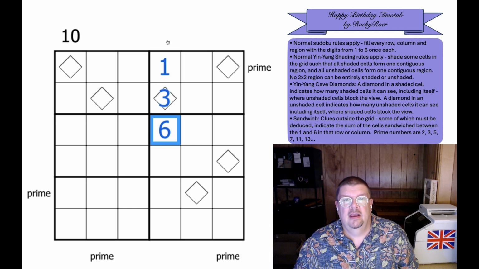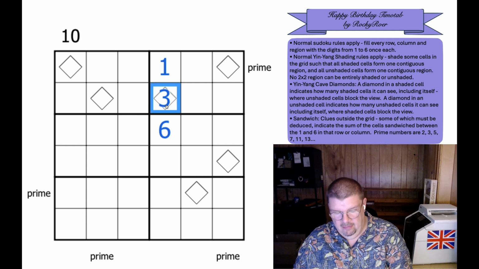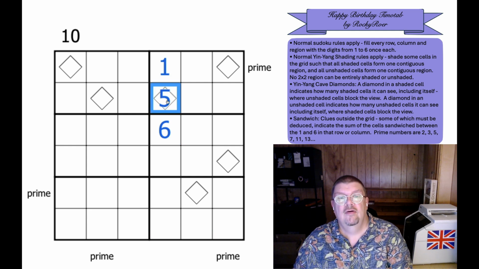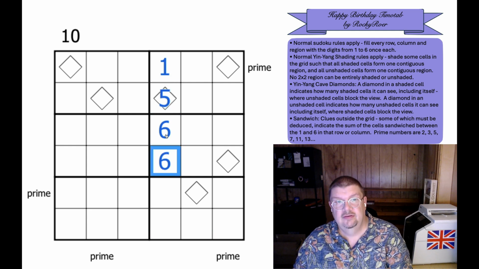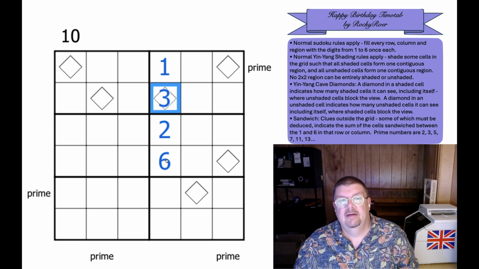If it were a 5, for example, I could either do a 5 like that, or I could have additional digits so that this were something like that. So that would be a way to fulfill a 5 clue.